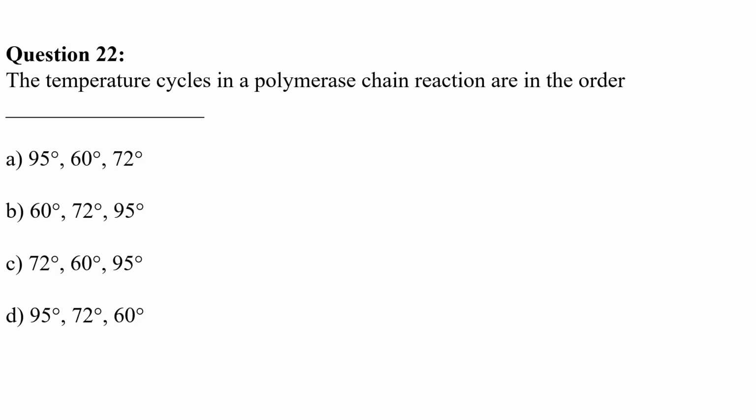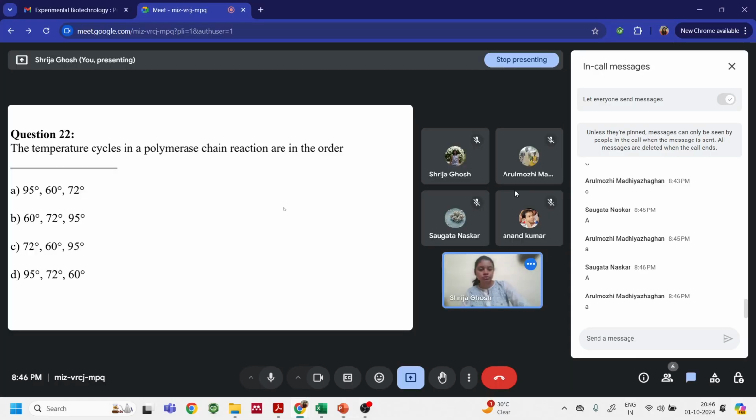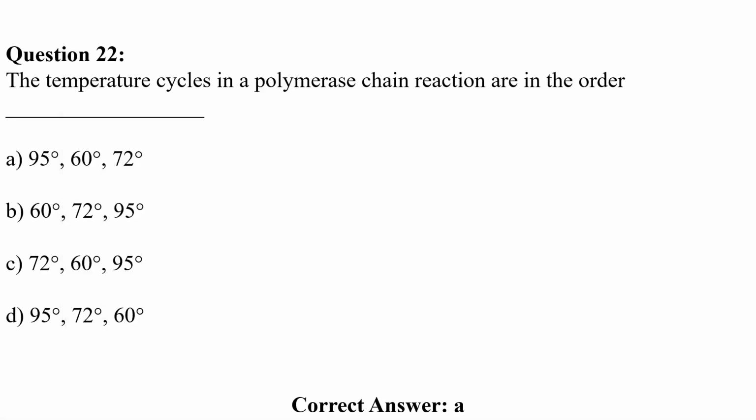Temperature cycles in the polymerase chain reaction are in the order of what? You were saying option A, 95, 60 and 72 degrees Celsius. That is the correct answer.